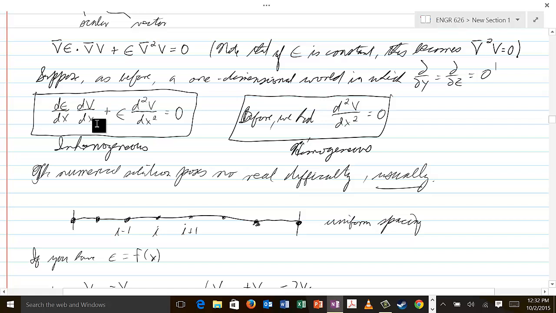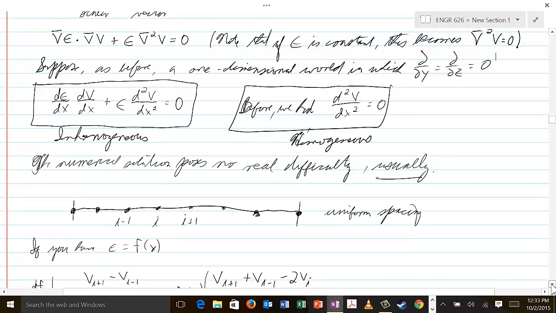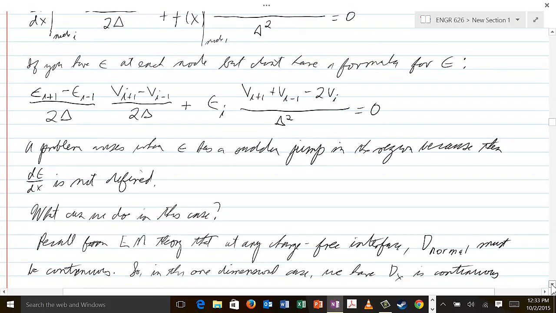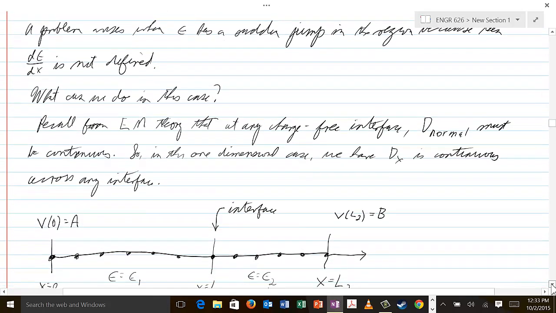But if ε is a discontinuous function of x, then this derivative is not defined. And that can easily happen. If we have an abrupt change in ε, then ε is a discontinuous function of x, and so this derivative is not defined. So what do we do in that case? And in fact, that's a common case to encounter.